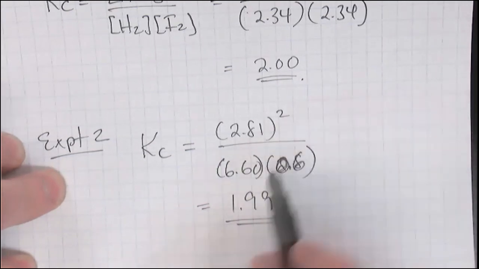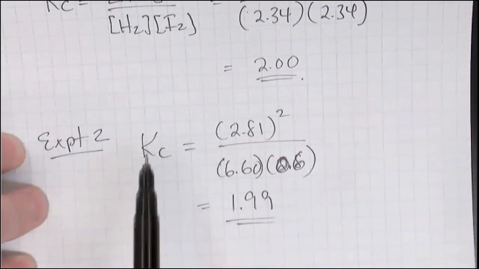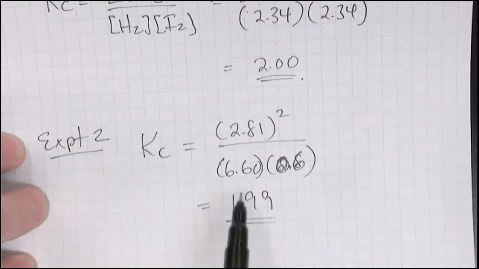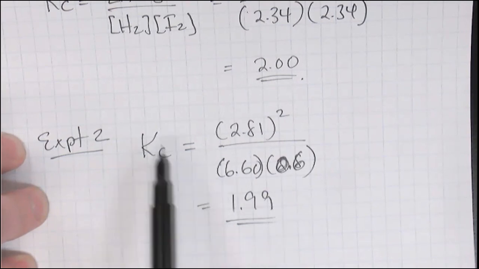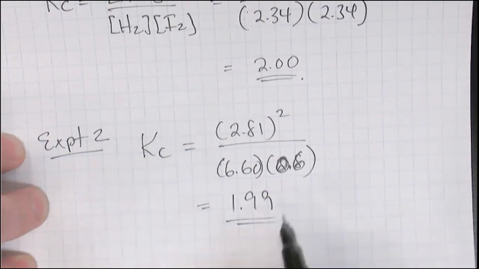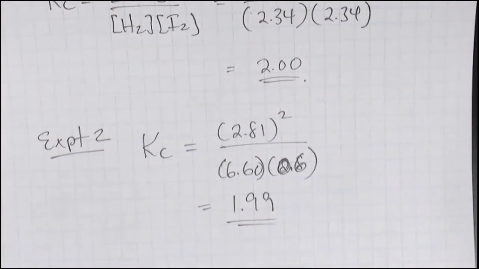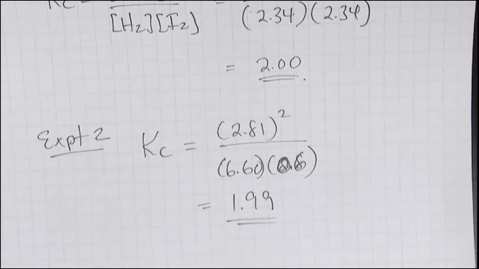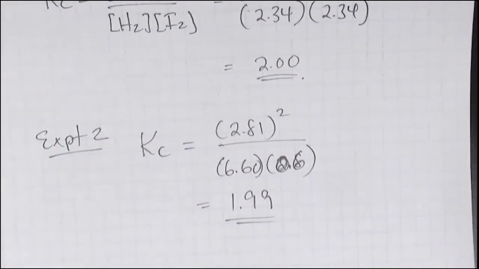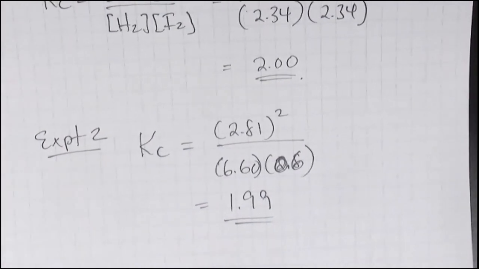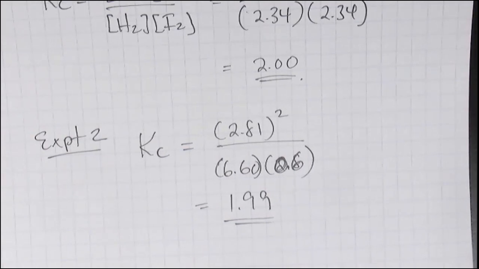So notice that even though we used different starting conditions in these 2 experiments, even though we ended up with different equilibrium concentrations in the 2 experiments, when we calculate the Kc value for the 2 experiments, the answer is pretty much the same, 2.00, 1.99. That's why it's called an equilibrium constant, because it gives you the same result no matter how you did the experiment, as long as the temperature is the same. That's a very important point, right? The temperature has to be the same.